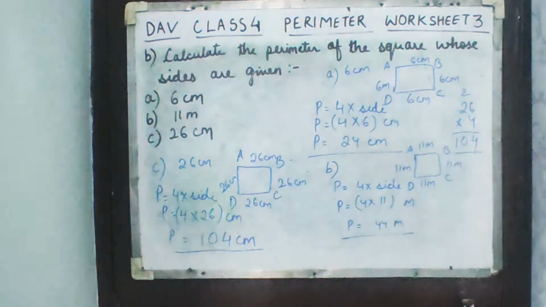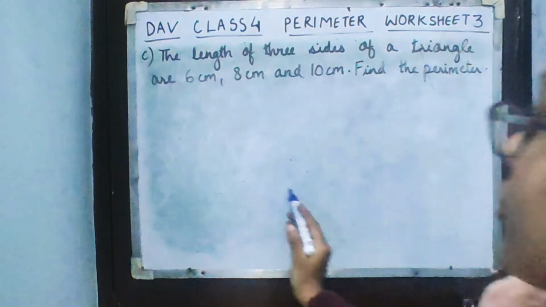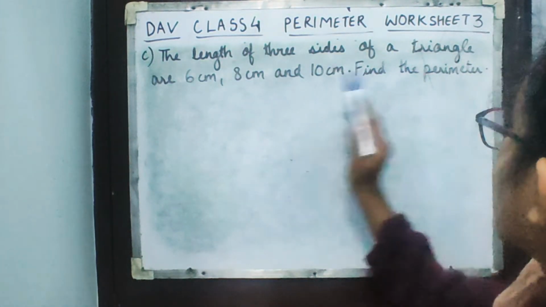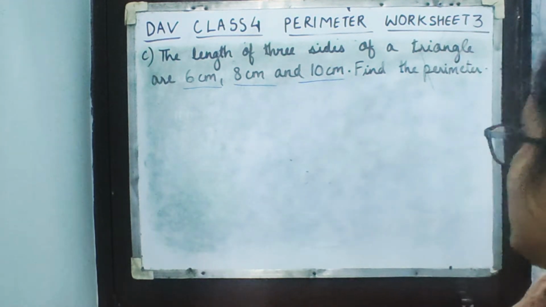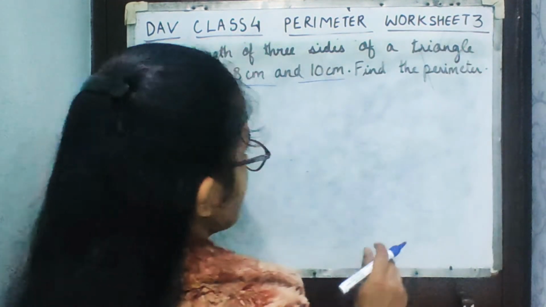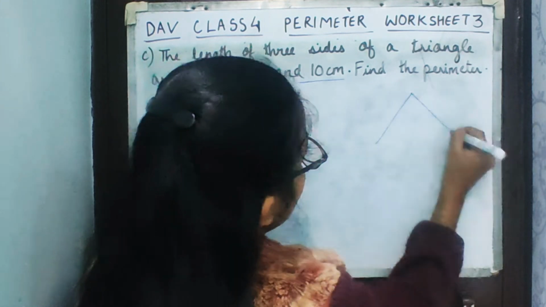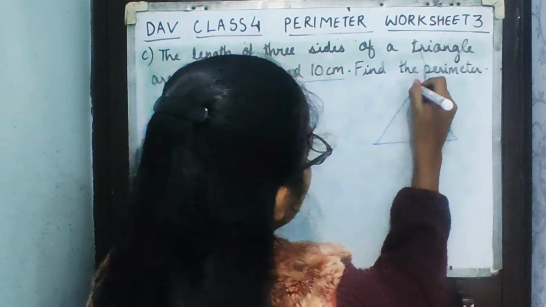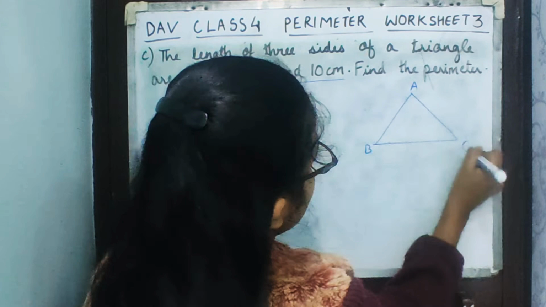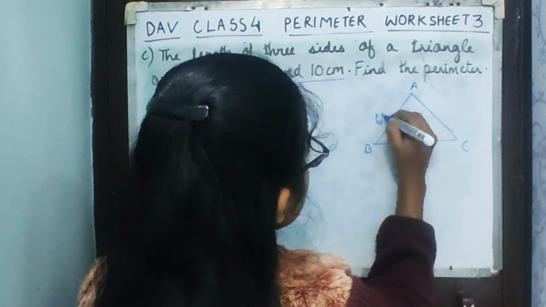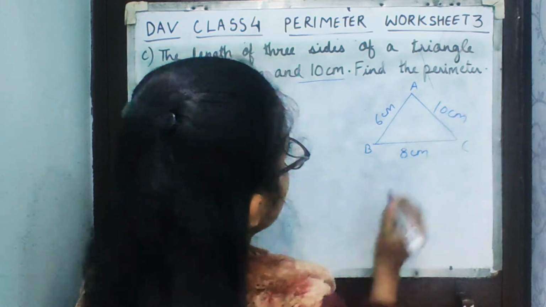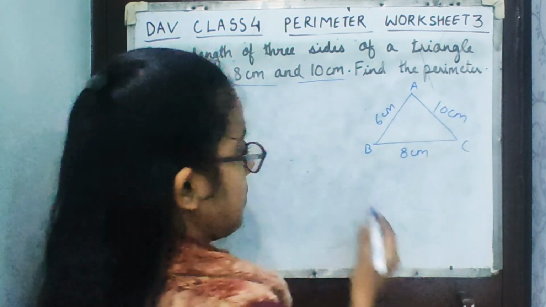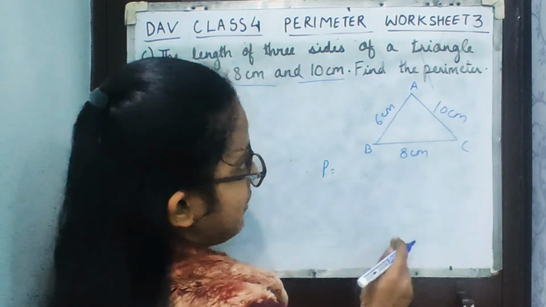Now coming to our C question: the lengths of three sides of a triangle are 6 centimeter, 8 centimeter and 10 centimeter. Find the perimeter. So a triangle ABC is there, in which the sides are 6 centimeter, 8 centimeter, 10 centimeter. We have to find the perimeter. What is the formula for the perimeter of a triangle?